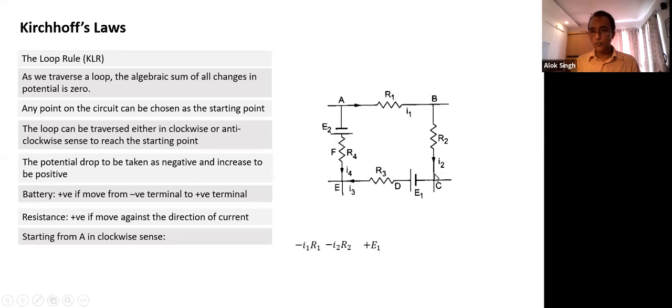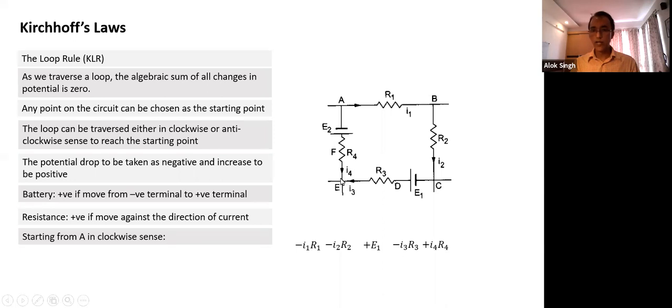Now when I move from C to E, we cross a battery from the negative to the positive terminal. When I go from negative to positive, potential increases, hence the positive sign. As we go further, the direction in which we are traveling and the direction of flow of current are the same, hence again the negative sign: minus I3 R3.